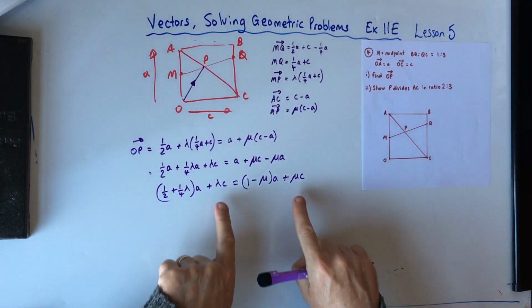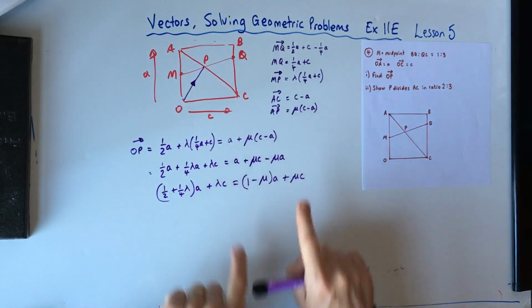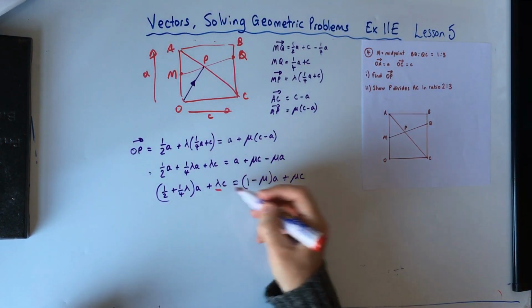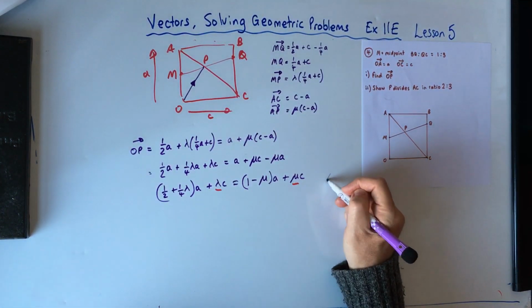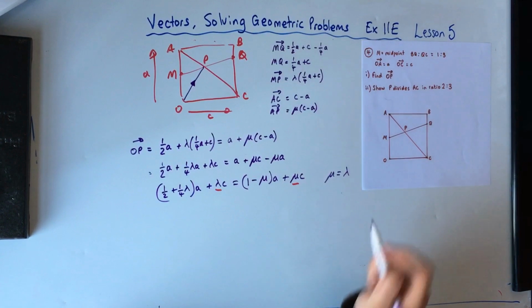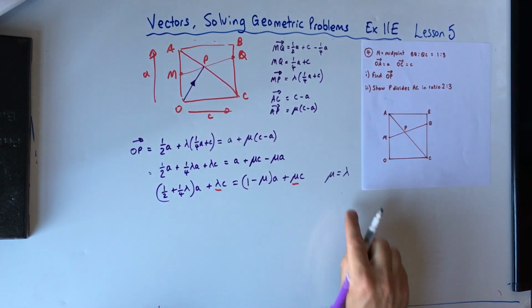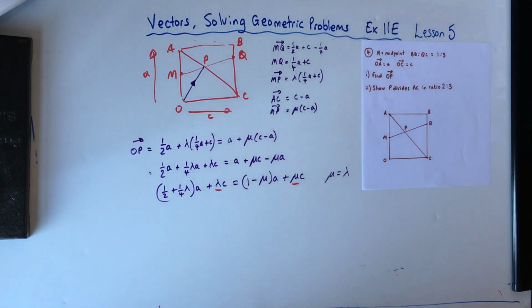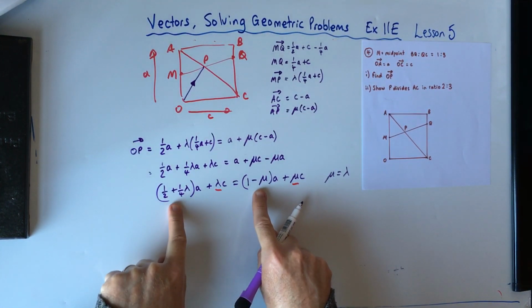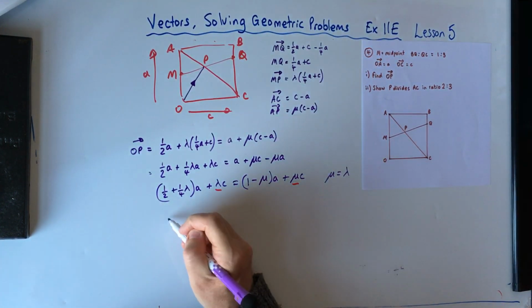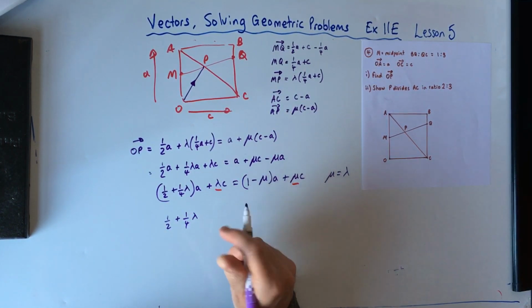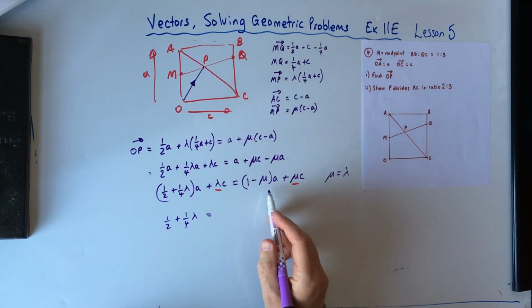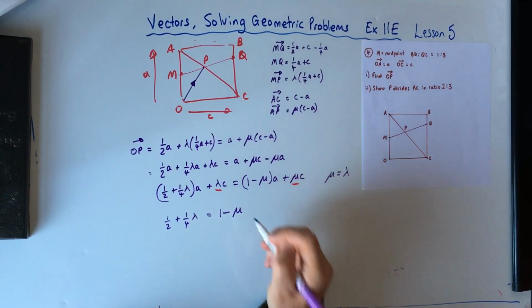Okay, again, like with the last one, what's in front of C has got to be the same. So lambda and mu, I knew that was coming. Lambda and mu are equal to each other. Okay, that is one equation that we've got: mu is equal to lambda. Another equation that this gives us by equating coefficients is that a half plus a quarter lambda, hang on a minute, yes, is correct, Mr. McRae, is equal to 1 minus mu.